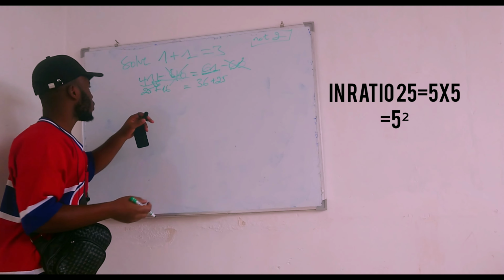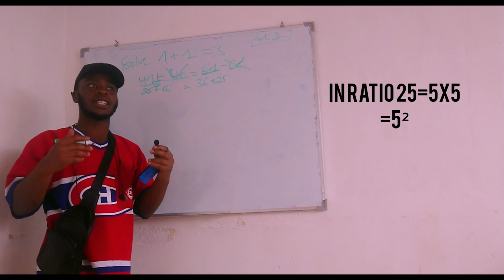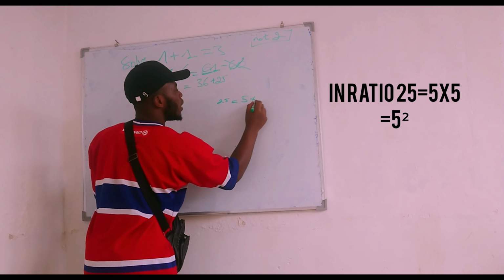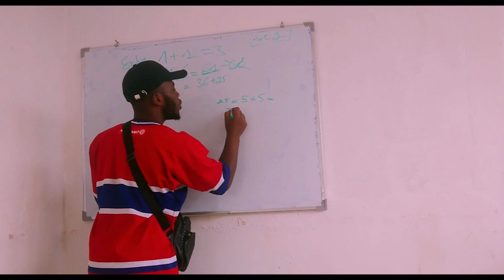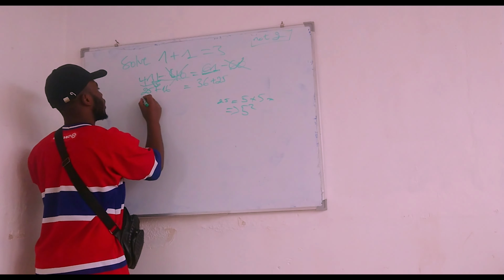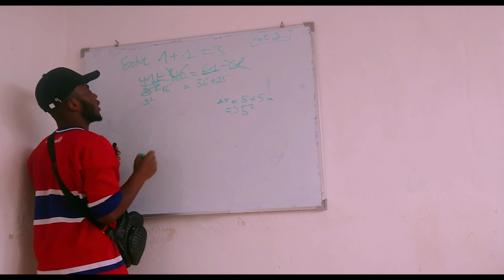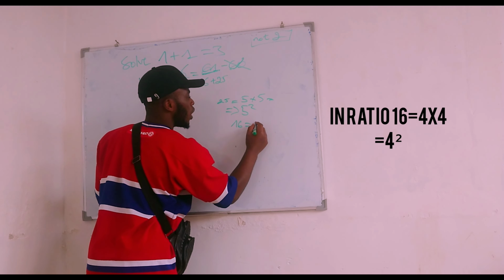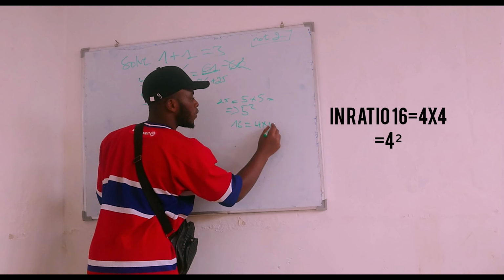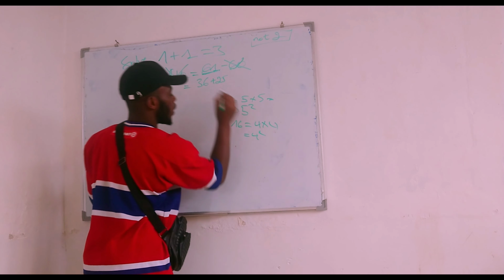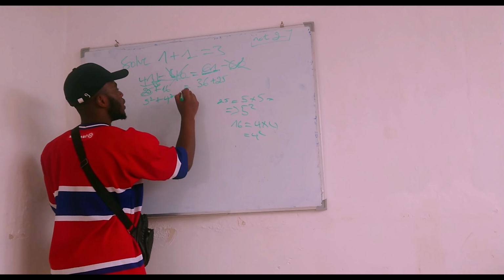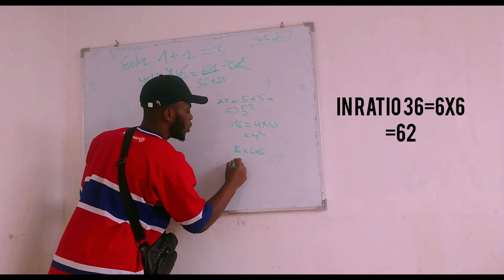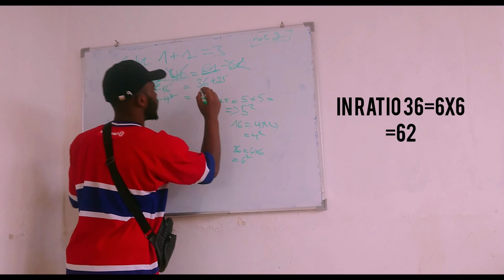Then let's continue. In ratios, in mathematics there's what we call ratios. 25 equals 5 times 5, which equals 5 squared. This equals 5 squared plus 16. 16 in ratios equals 4 times 4, which equals 4 squared. 36 equals 6 times 6, which equals 6 squared.